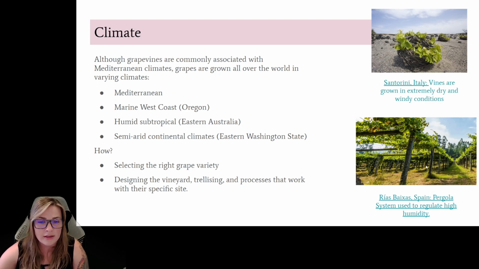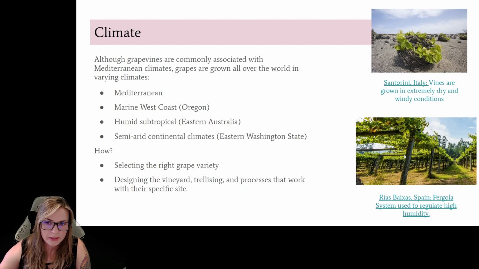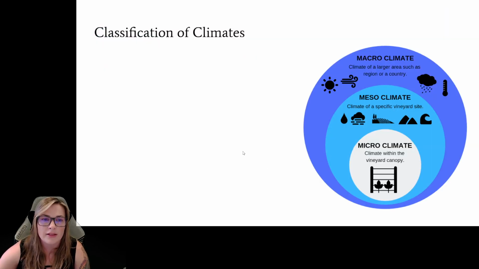It's very wet and humid in the summertime when it's ripening. So this will actually open up space below the canopy for air to come through to prevent any mildew from forming. And then those vines can still produce fruit and they still produce high quality wine. So there you have it. Two very different examples of climates.